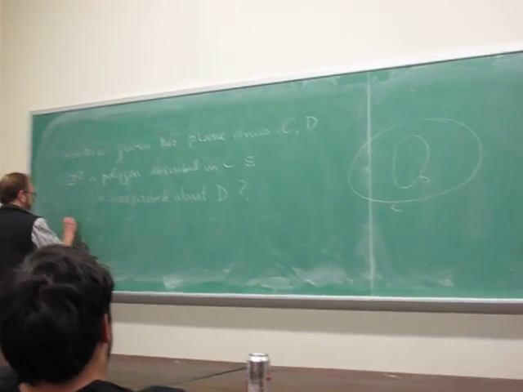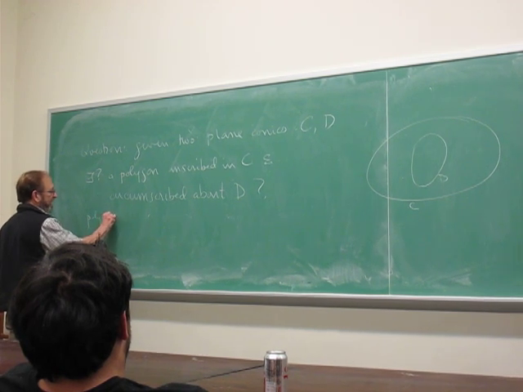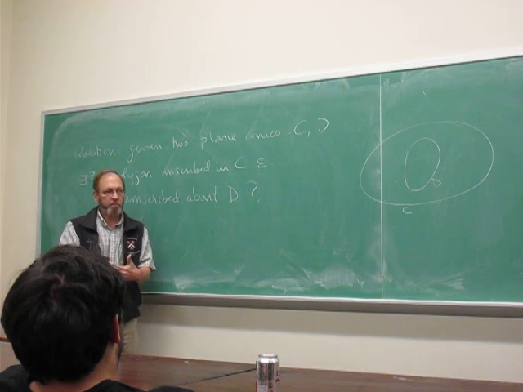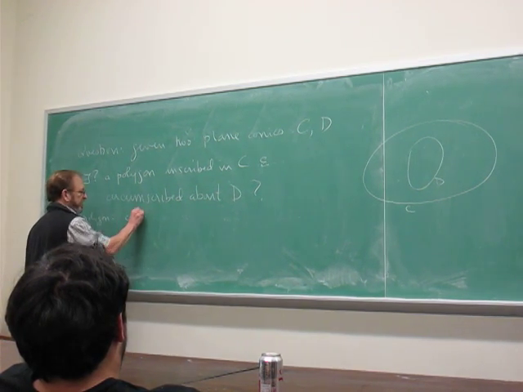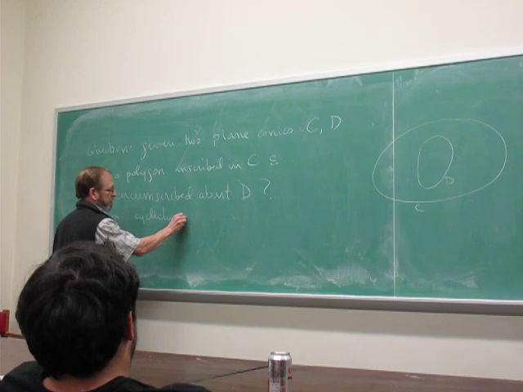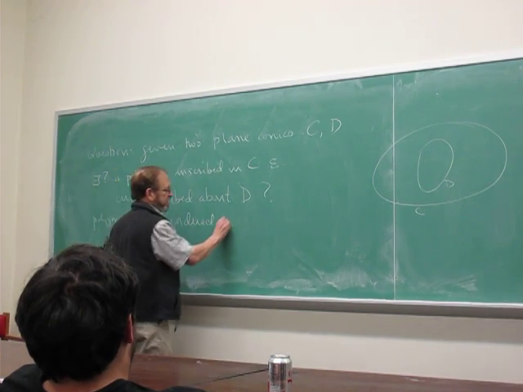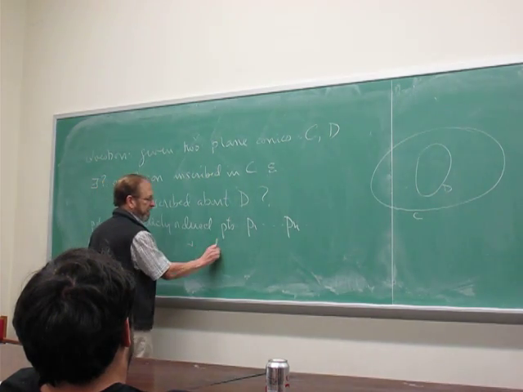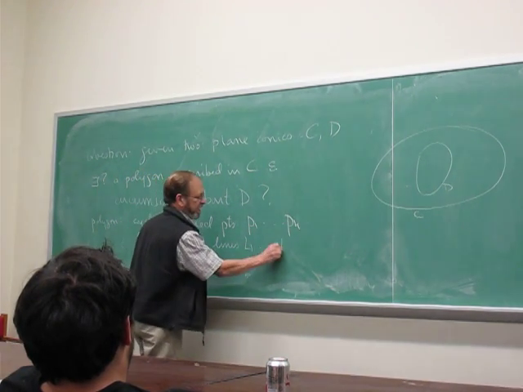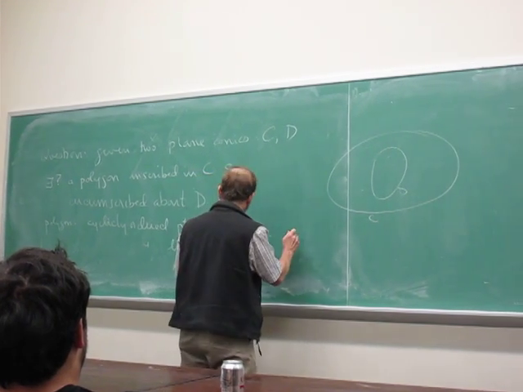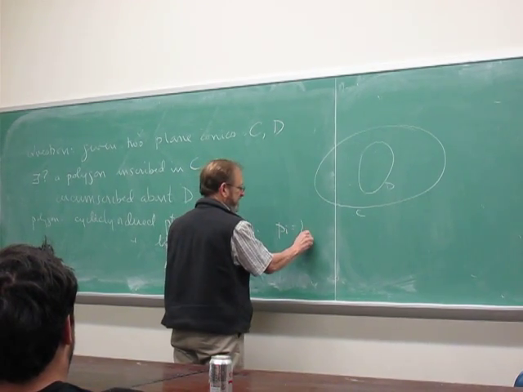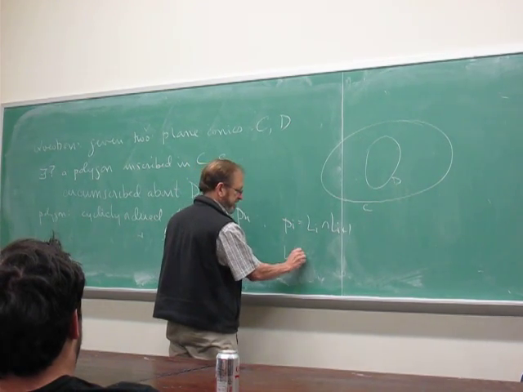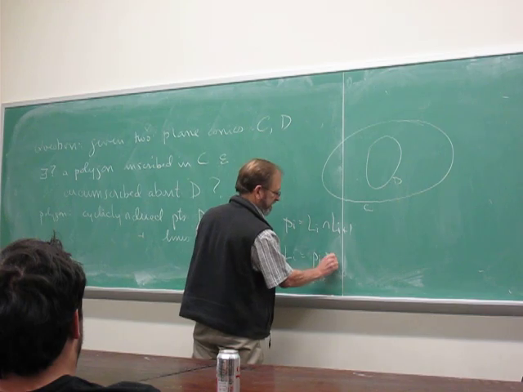So polygon, what do we mean by a polygon? Here, I just mean a cyclically ordered collection of lines and points. Okay? So cyclically ordered points, say P1 to Pn, and lines L1 up to Ln, such that Pi is the intersection of Li and Li plus 1, and Li is correspondingly the span of Pi and Pi minus 1.